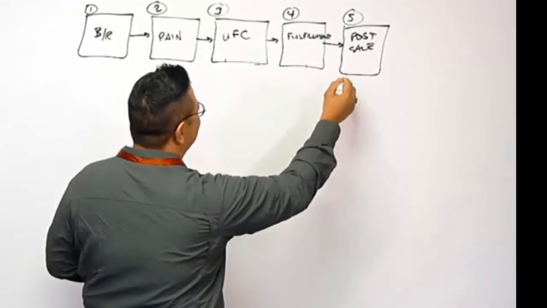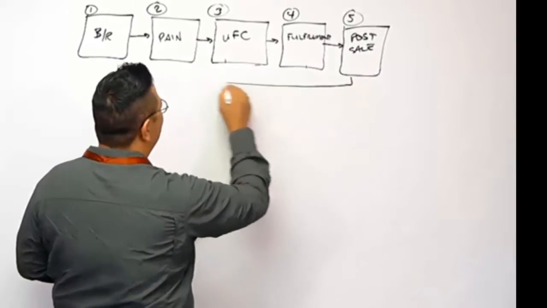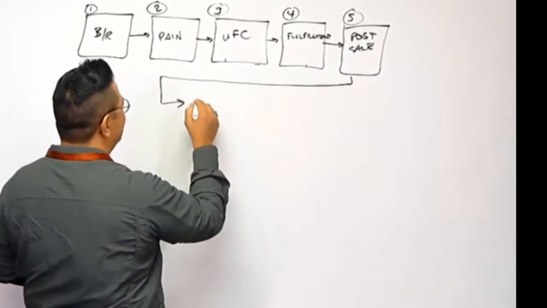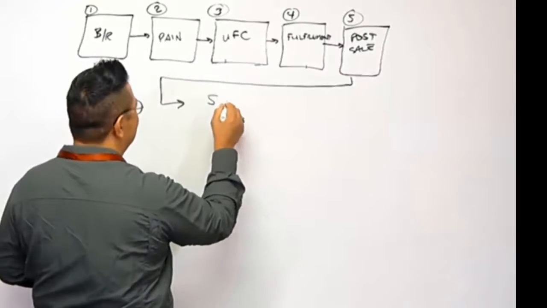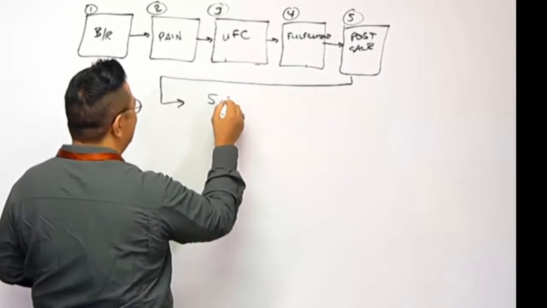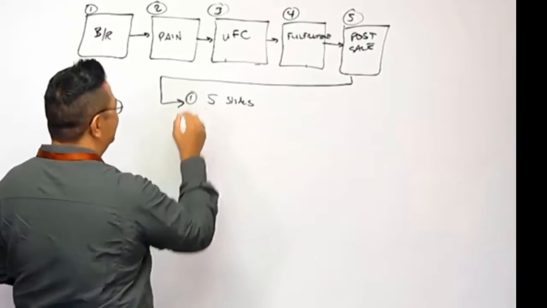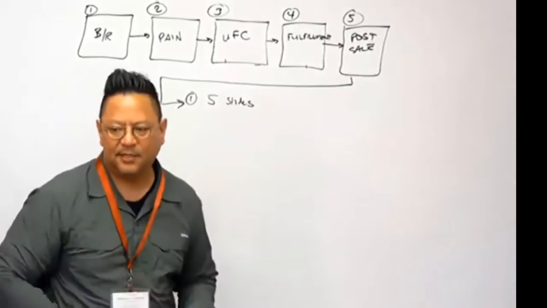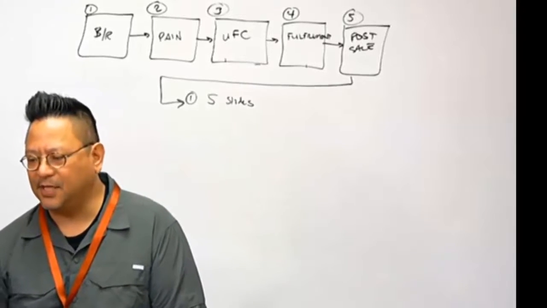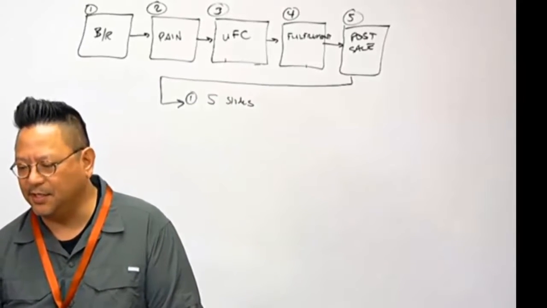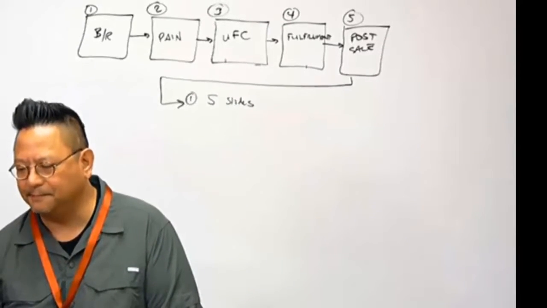Okay, so part of the post-sale process is you take them through what I'm going to call the 5 slides. I have a video on this. The 5 slides after this are the key to where you can almost double your income.